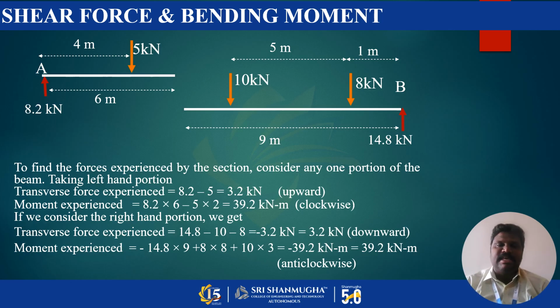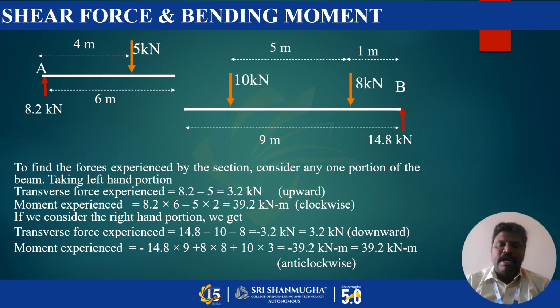To find the force experienced by the section XX, I consider either the left or the right portion of the beam. I'm taking the section left of XX. The transverse force experienced and the moment experienced, where the moment is force times the corresponding perpendicular distance.